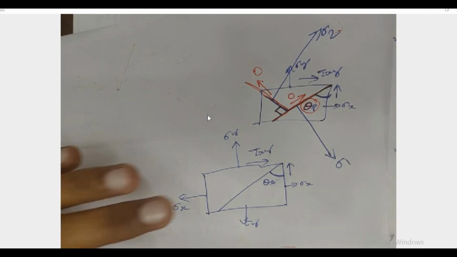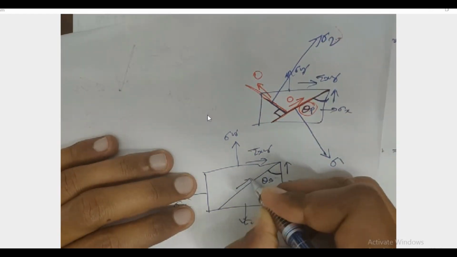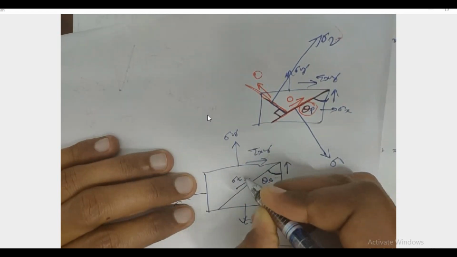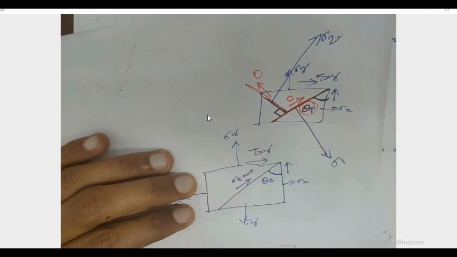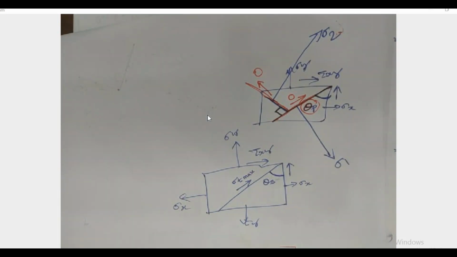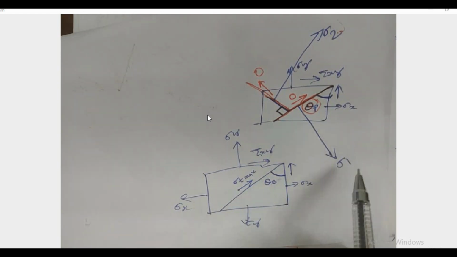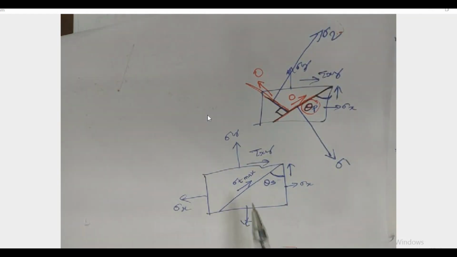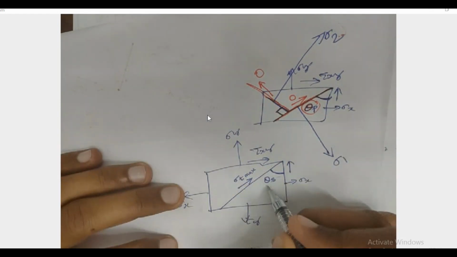In this plane, the shear stress, I am giving sigma t as shear stress, will be maximum. In the previous principal plane, the normal stress was maximum or minimum. But in this plane, the shear stress is maximum. So next we are going to calculate this theta s.